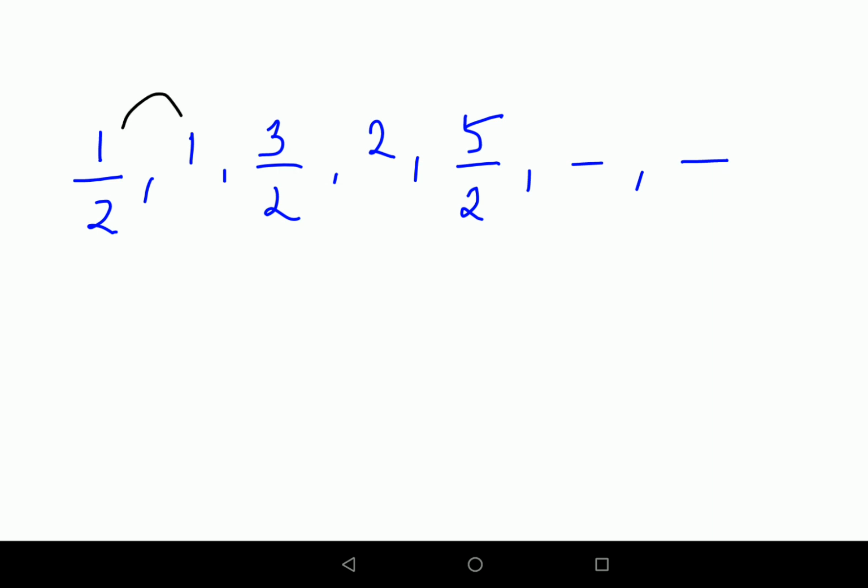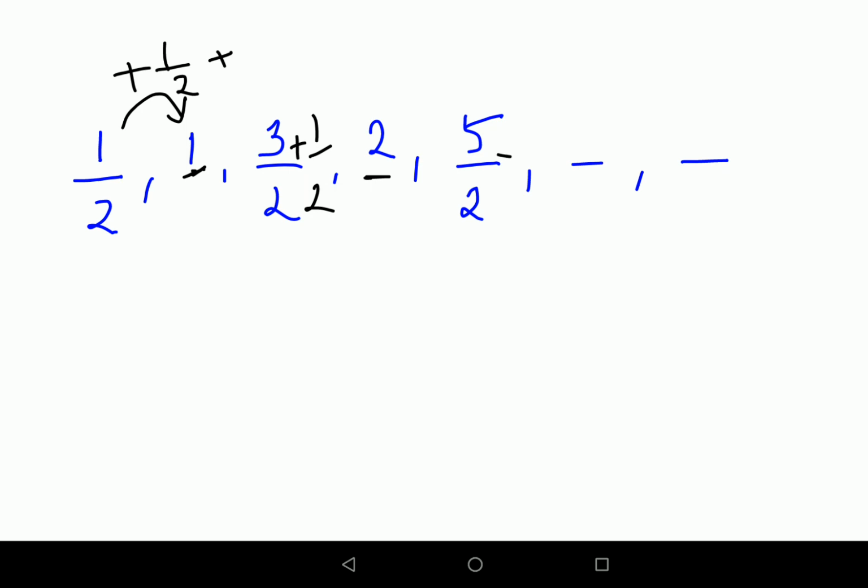Here if you look closely, if I'm adding half to the entire fraction, I'm getting 1. Similarly, if I add half over here, I'll get 3 by 2. If I add half to 3 by 2, I'll get 2. If I add half to 2, then I'll get 5 by 2.